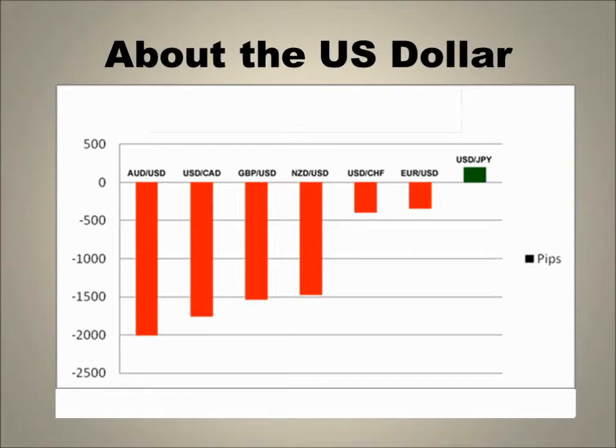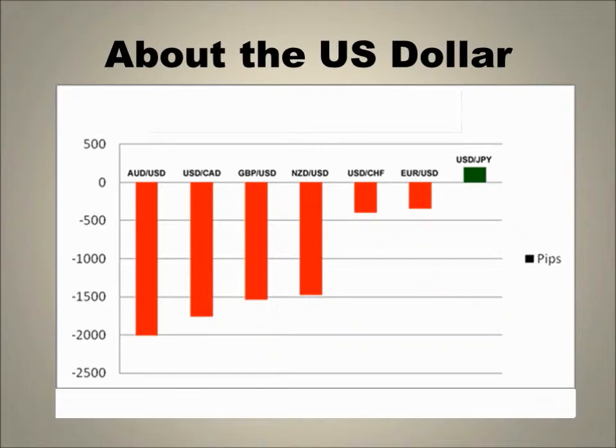That means when we enter the market by going long or going short, we're either taking a pro-US stance or an anti-US stance, because all the currencies are somehow affected by the US dollar. Even if that pair does not involve the US dollar, it is affected by the US dollar either directly or indirectly.